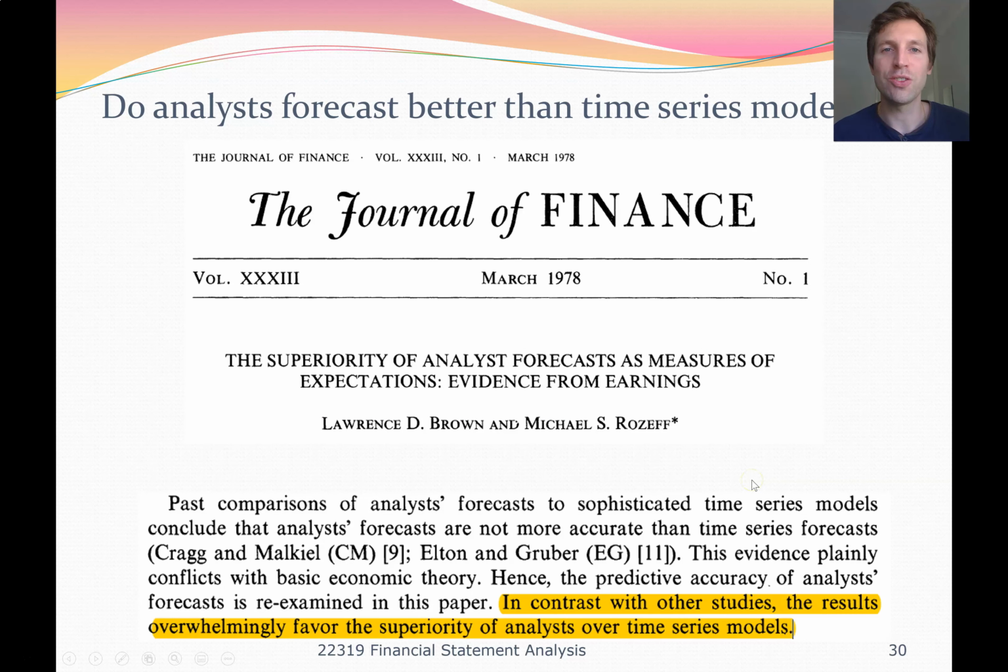Because analyst forecasts do get released and there's databases following these, there's a lot of research into how accurate they are. Early evidence, such as back in 1978, suggested that analysts are superior over simple time series models like the regression or trend following we looked at before.